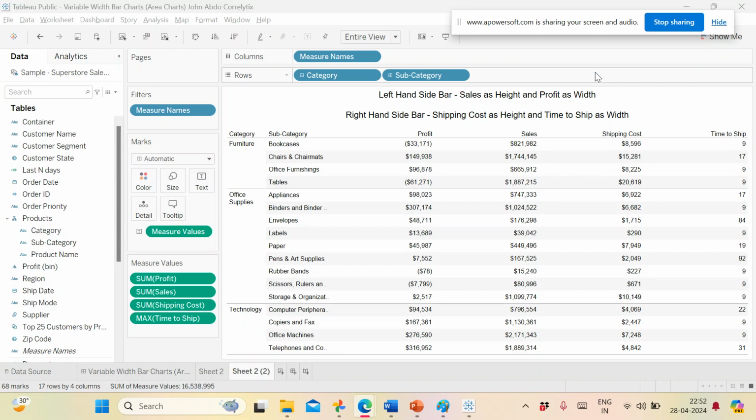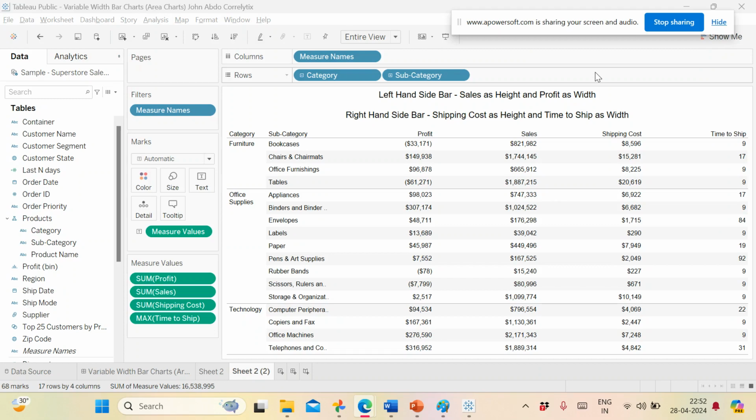So when you see this, we have categories: furniture, office supplies, technology, and the corresponding subcategories. And we have four measures: the profit and sales, the shipping cost, and the time to ship.